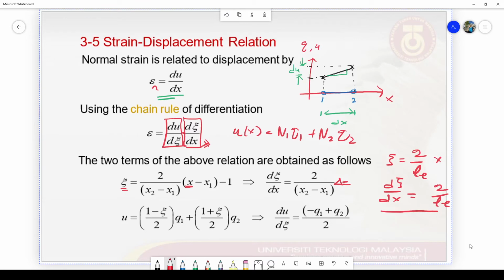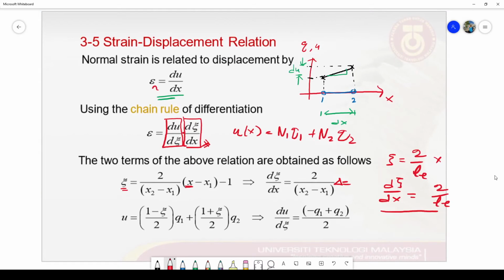To determine the expression for du over dz, we differentiate the field displacement by the natural coordinate system z. So we know that u equals N1 q1 plus N2 q2, which is also equivalent to this expression.